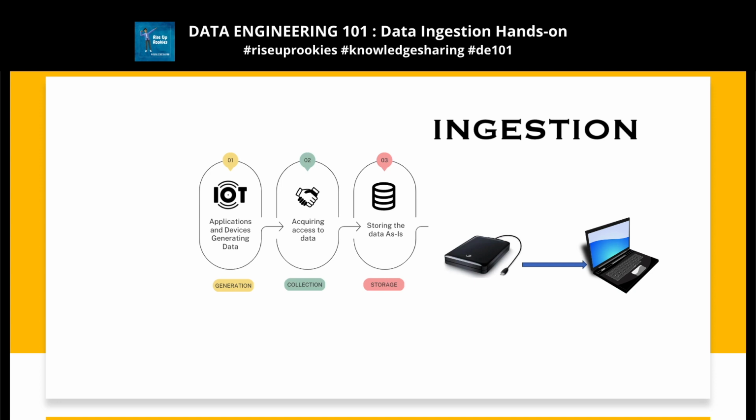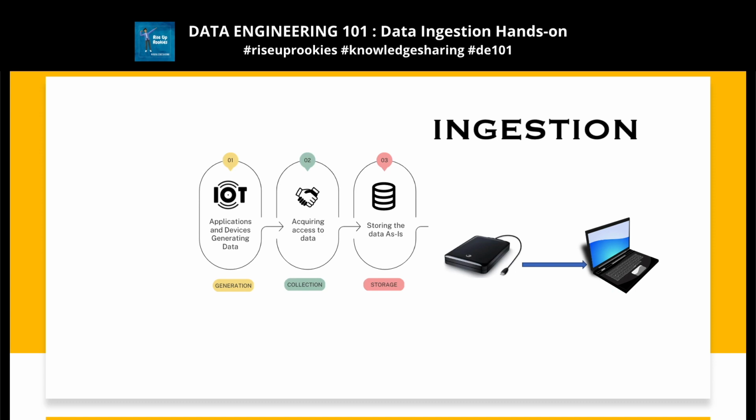It's like the acquisition. Once you connect your USB, it might ask for a password if it is password enabled or encryption enabled, and once you give the credentials, you will be able to see the data from your source, and then normally you will do Control C and Control V, or drag and drop. That is where the ingestion pipeline is enabled with data.